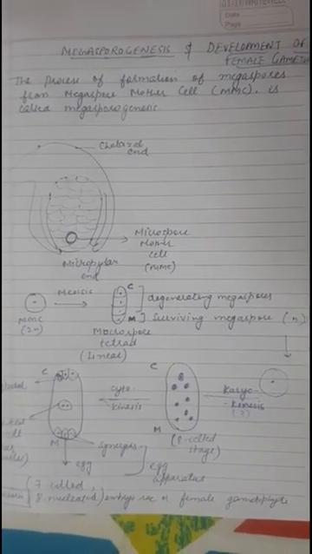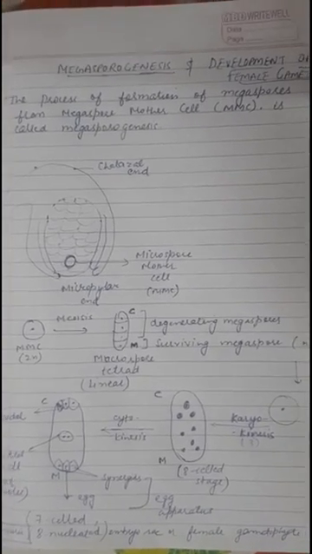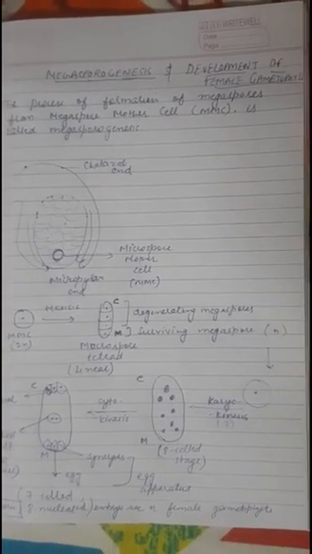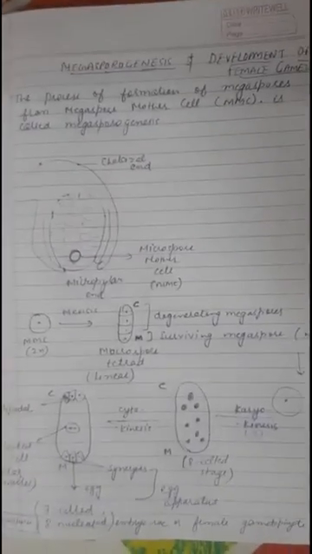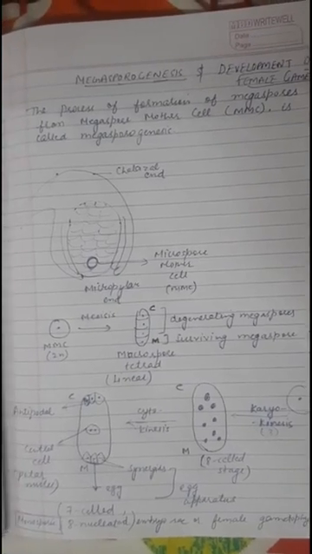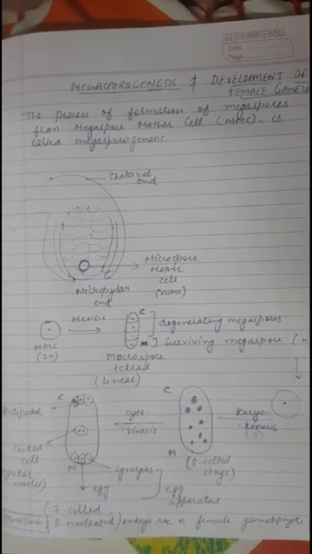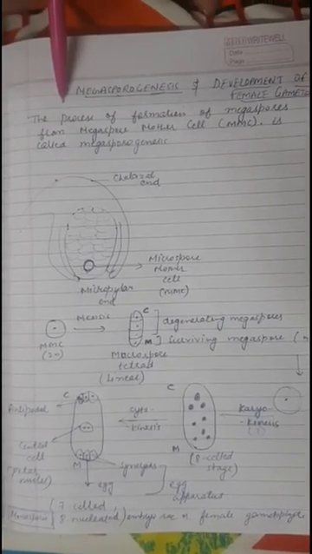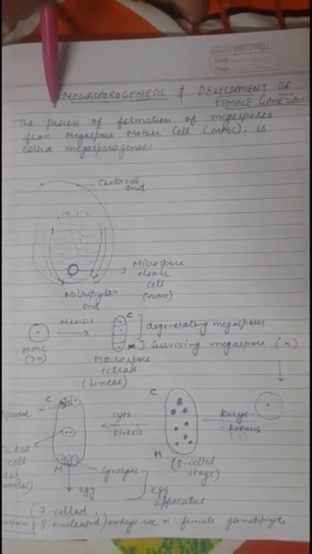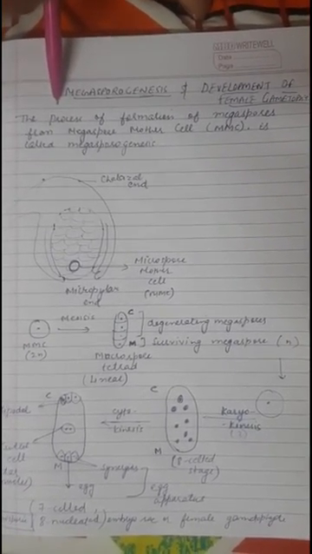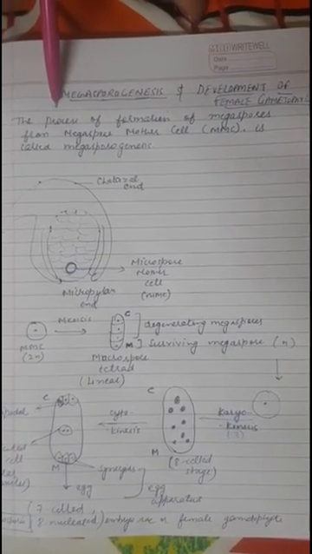So let us start with the next topic, that is megasporogenesis and development of female gametophyte. As we have discussed the structure of the ovule, the anatropous ovule found in flowering plants, now let us discuss the process of megasporogenesis and development of the female gametophyte. As we discussed in the case of anthers, the formation of microspores, here we will use the term megaspores because they are related to the female reproductive part.